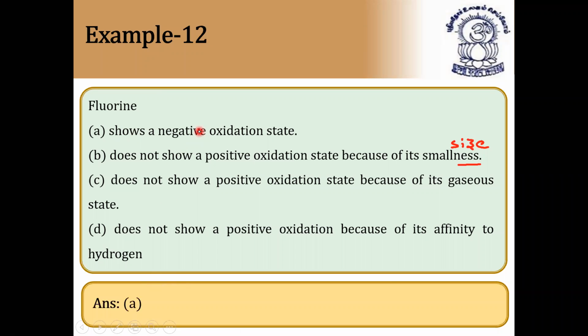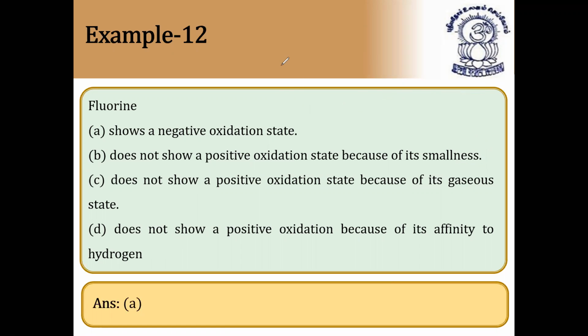It is because of its more electronegative character. The most electronegative element in the periodic table is fluorine, this we already know. Since it is more electronegative, with any other element it forms the -1 oxidation state. I hope it is clear.